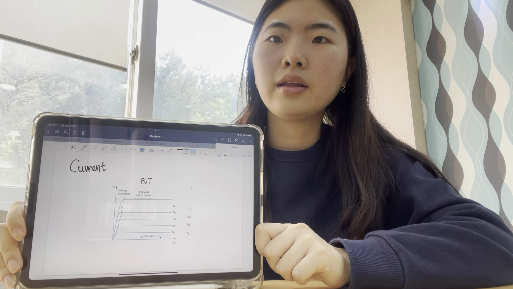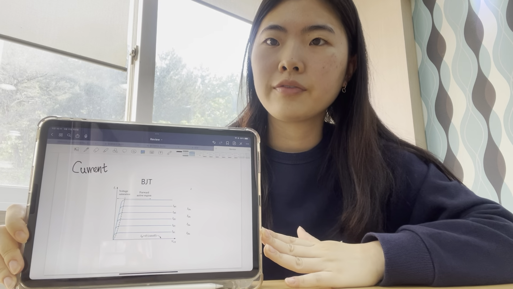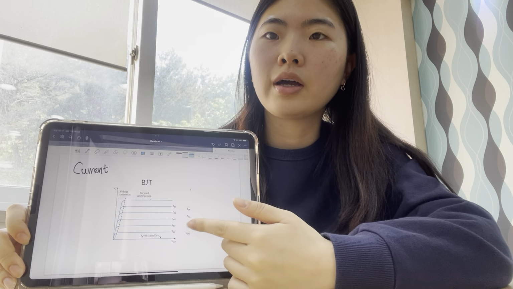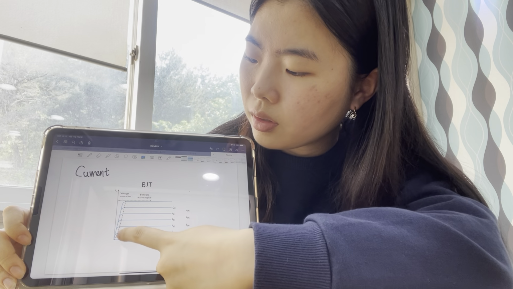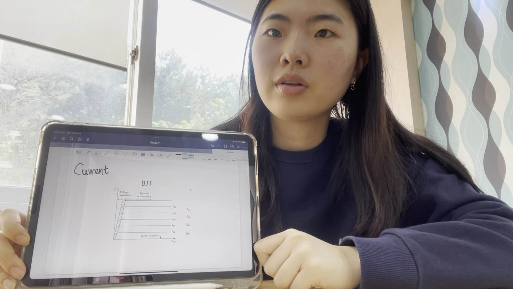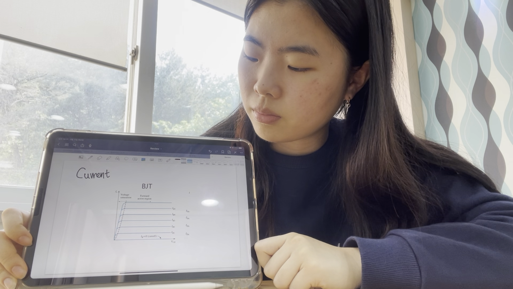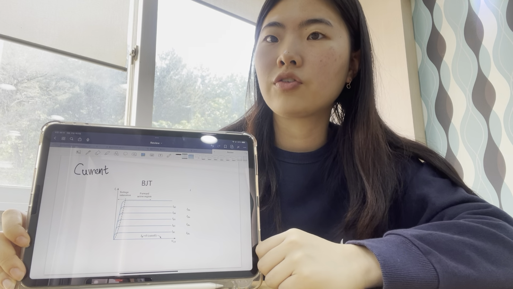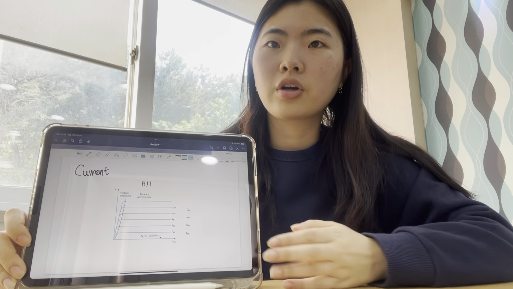And this is the ID graph of BJT. A BJT current flows like this. So this line is the voltage saturation line. Yes, we use the voltage saturation to flow the current.